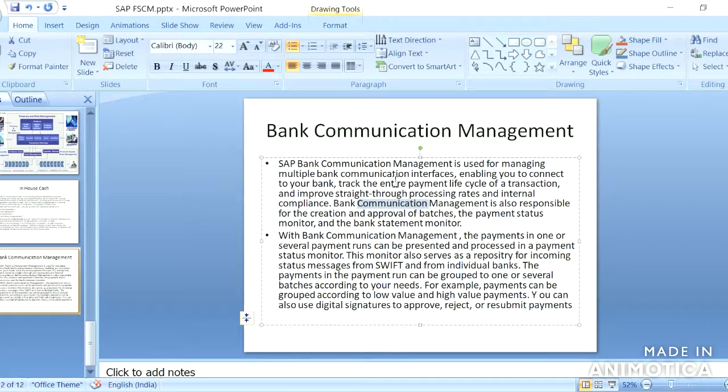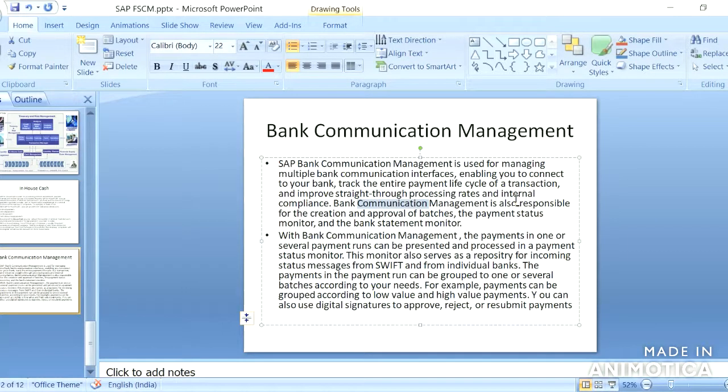So if we have a payment done, we need to know the status of it. In this module, at each and every stage you can monitor the payment life cycle. What is the status of my payment, and when will it be paid or collected?